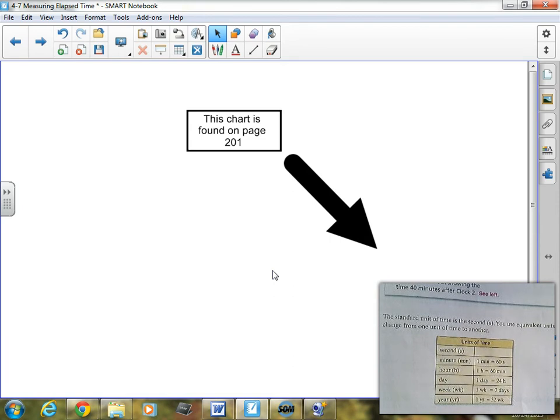Those are equivalencies. Now, we're going to use this basic information on page 201 to actually name and then rename time. Just like when we did mixed numbers, I showed you that you could name a mixed number in many different ways. You can do the exact same thing with time.